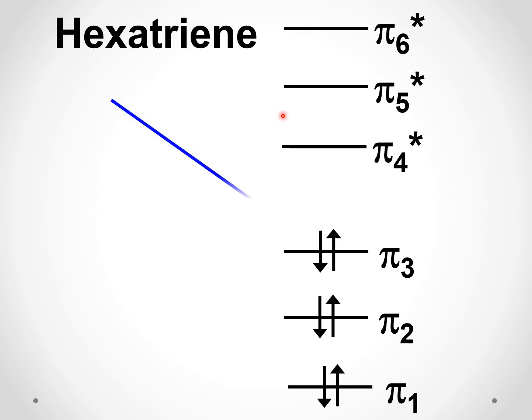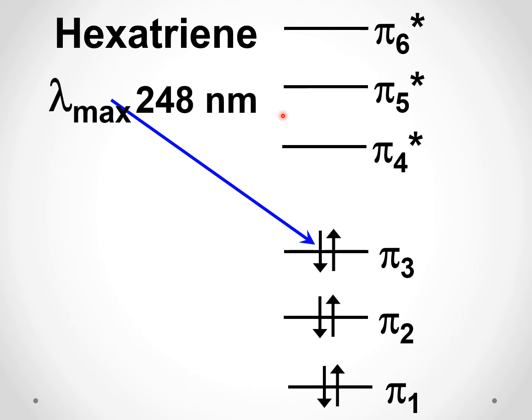The radiation absorbed is 248 nanometers. It has increased. The double bonds have increased, so the wavelength of the radiation absorbed has also increased.